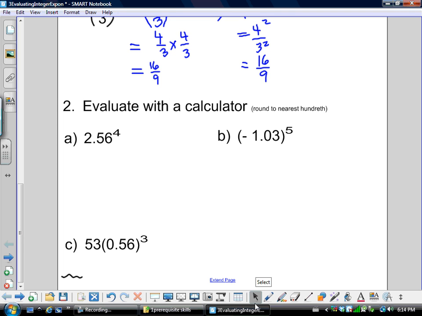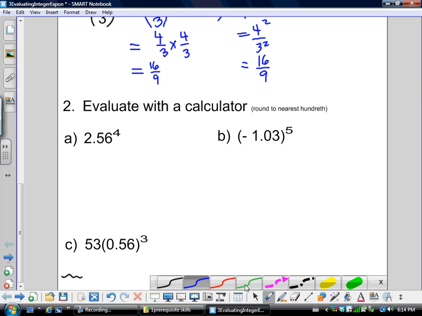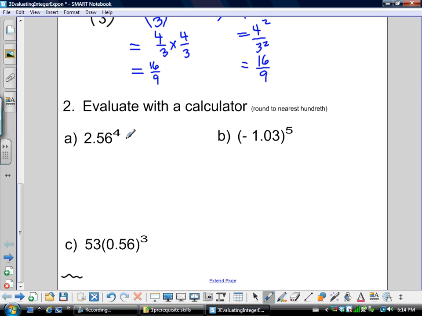So what I really do is I take my calculator and I know where my power button is, and then all I do is I punch in and out comes an answer, and this one turns out to be 42 decimal 94967.